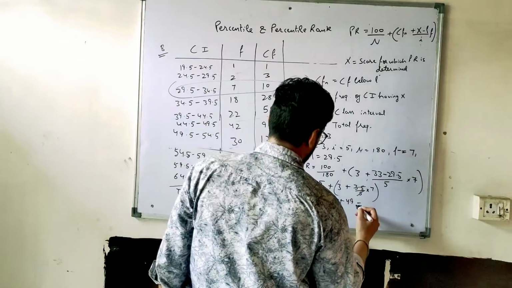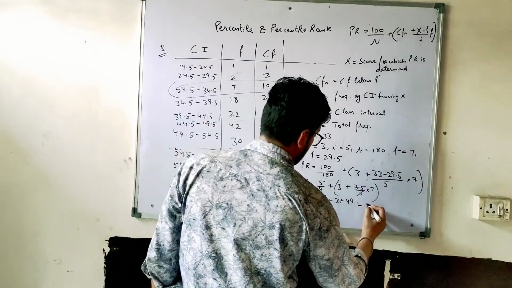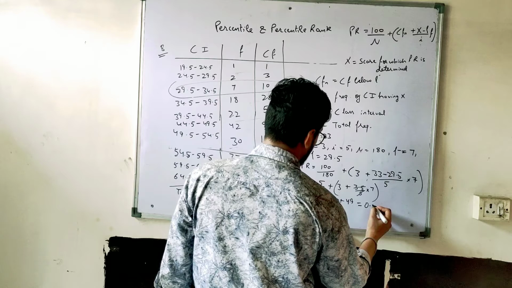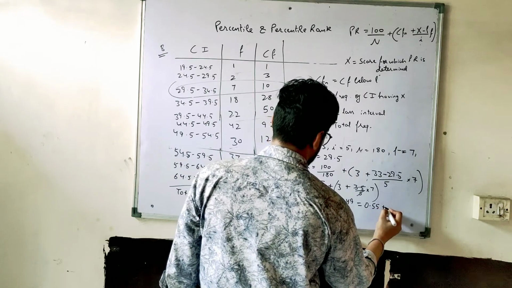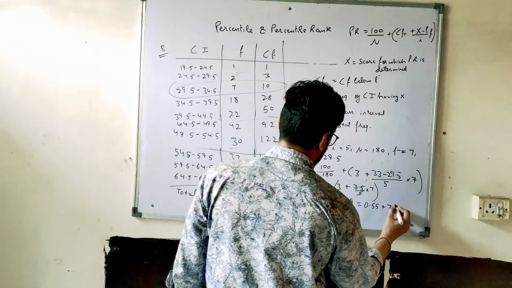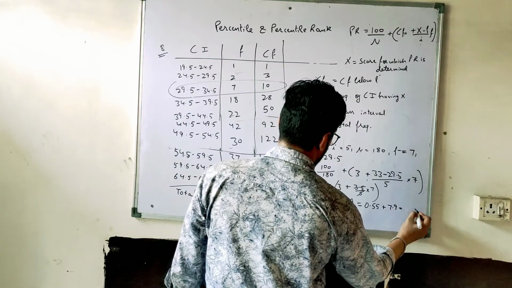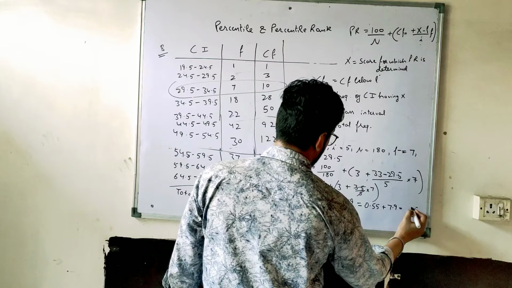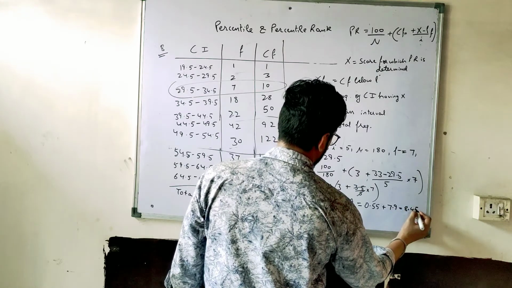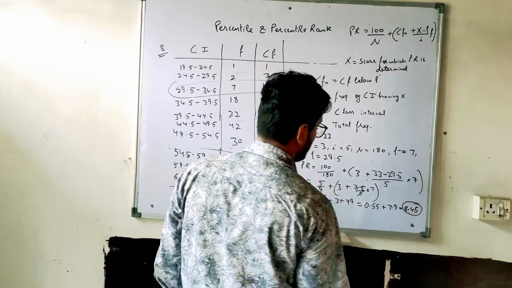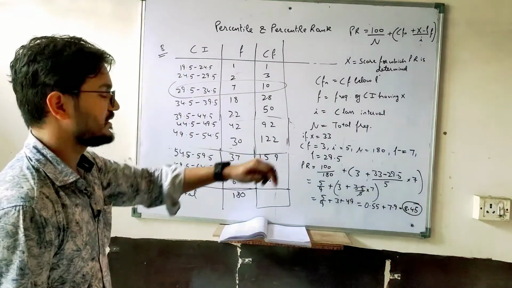So 5 upon 9 is 0.55, plus 3 plus 0.7, which is 8.45. So 8.45 is the percentile rank for the score 33.